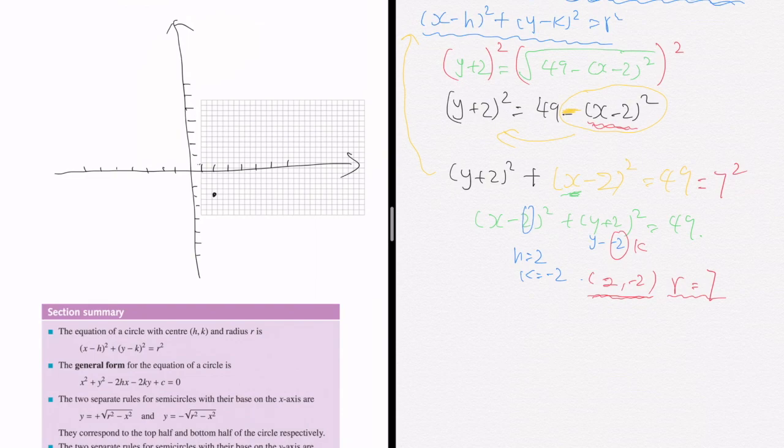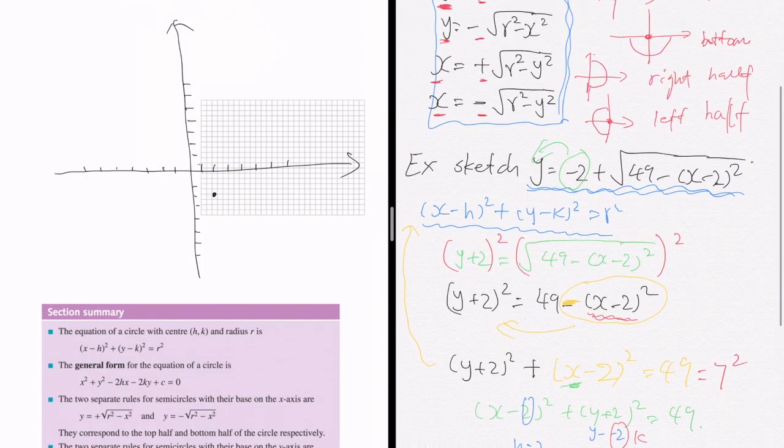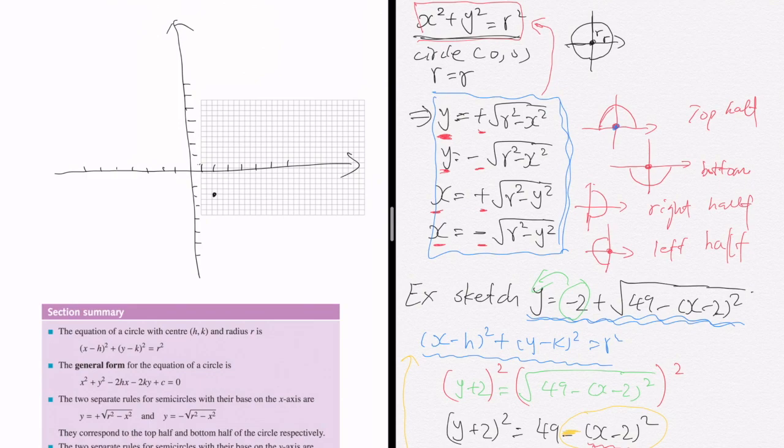And then I need to identify which part of the semicircle. So I have top, bottom, right, and left. So how do I identify? Coming back to my formula, let me use a different color, red. You see here, y is equal to negative 2 plus square root.